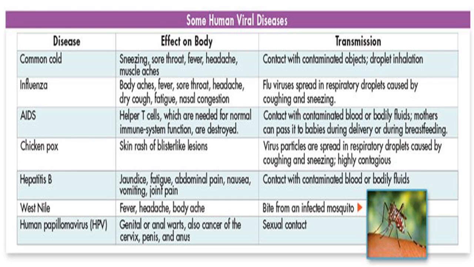Then chickenpox, when suffered, shows skin rashes on the body, and it spreads through respiratory droplets when they cough or sneeze. So like this, we have a lot of other viral diseases which can affect the human body, and this is how they are transmitted.